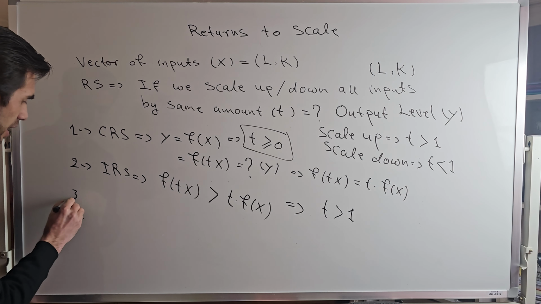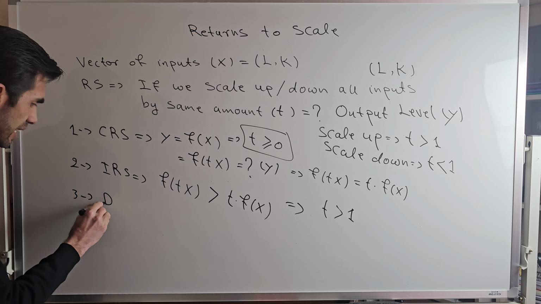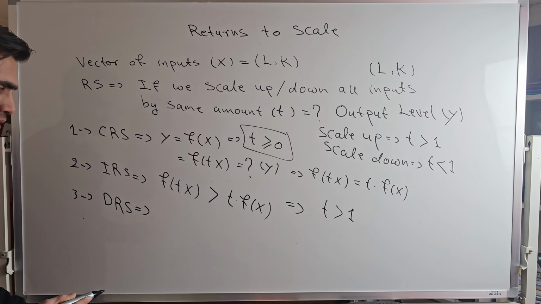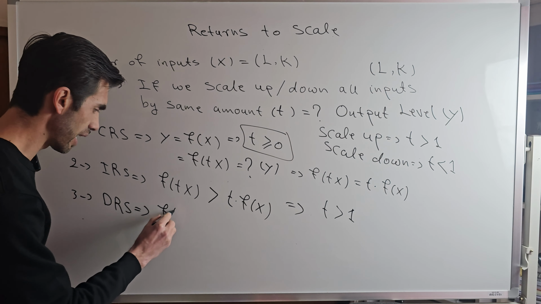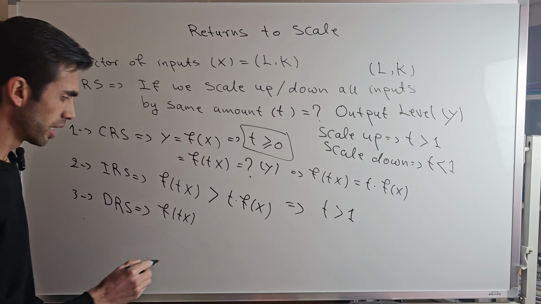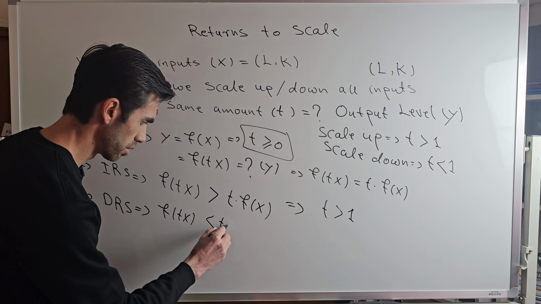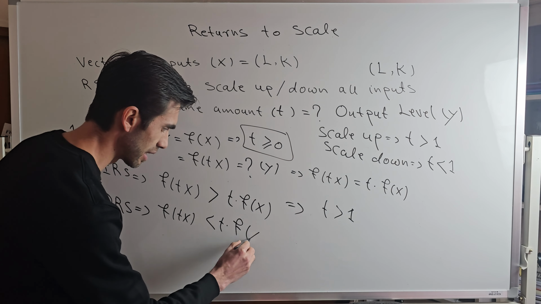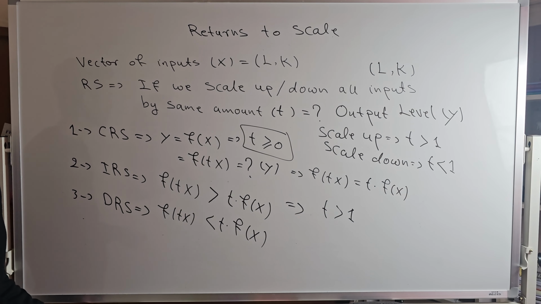The third case is decreasing returns to scale. Decreasing returns to scale means that if we scale our input level, the output that we get from this scaling is less than t times the existing output.